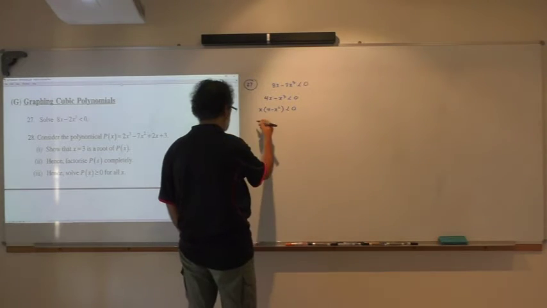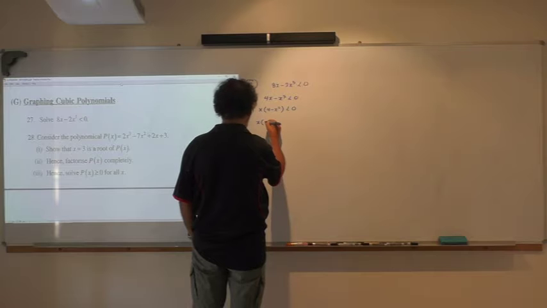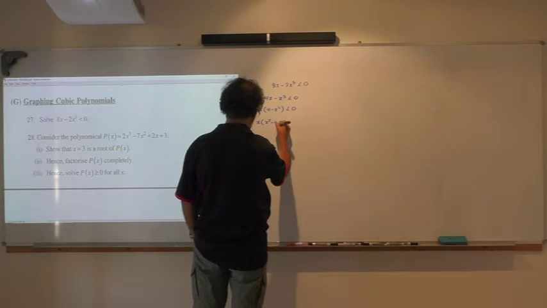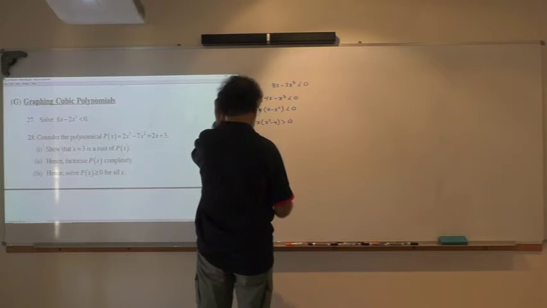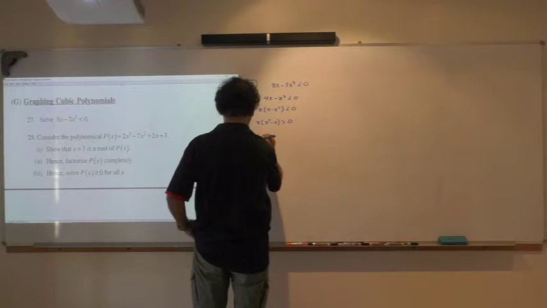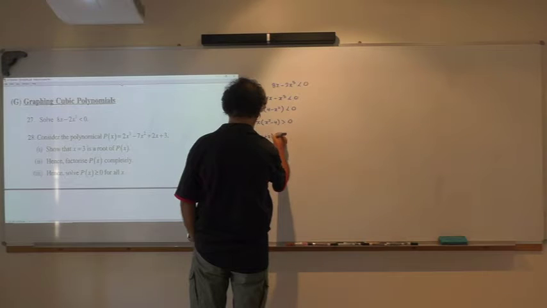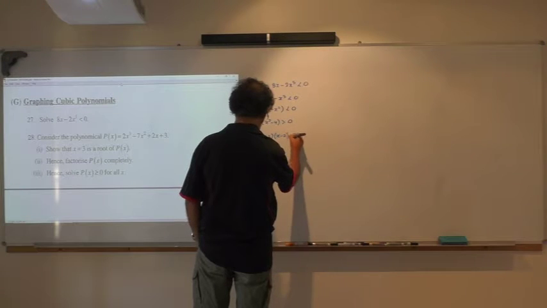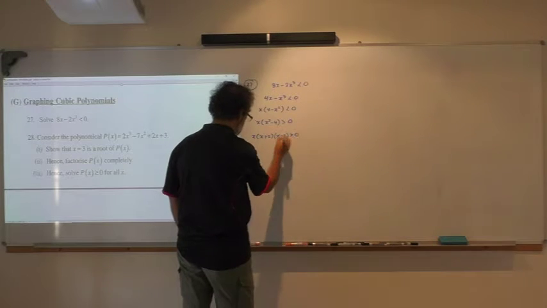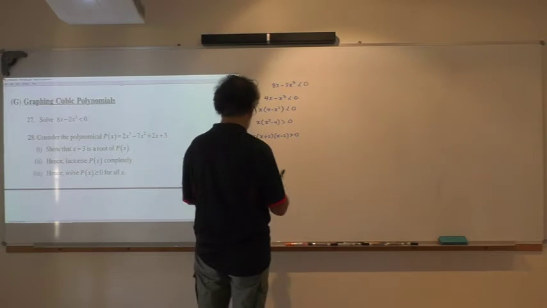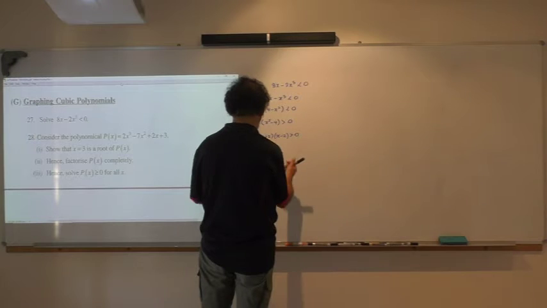And here, what I'm going to do, x squared minus 4 greater than 0. Okay, and then this will give us x plus 2, x minus 2 greater than 0. And when this is pointing in that direction, we know that the solution will be outside the interval.